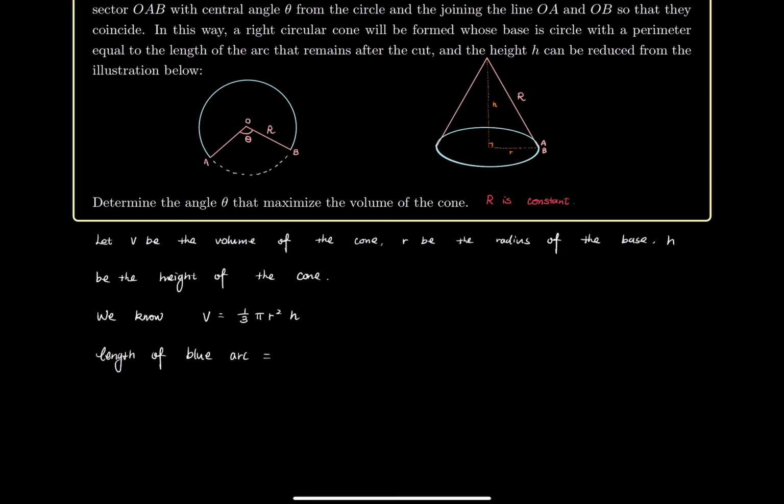So that's going to be capital R, the radius, times 2 pi minus theta. Okay, so that's the length of the blue arc here, which is also the blue arc here, and can be represented in a different way, which is going to be 2 pi small r. Okay? And this is one of the relationships, so we can highlight this.